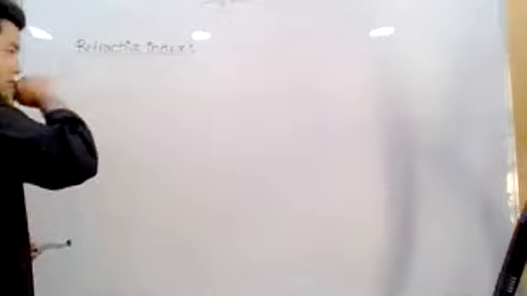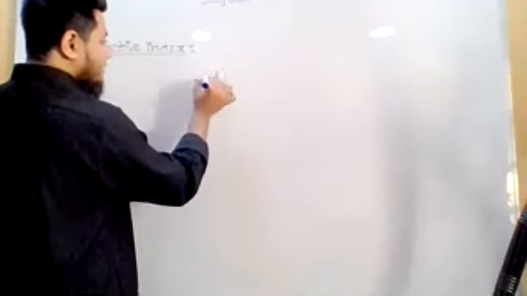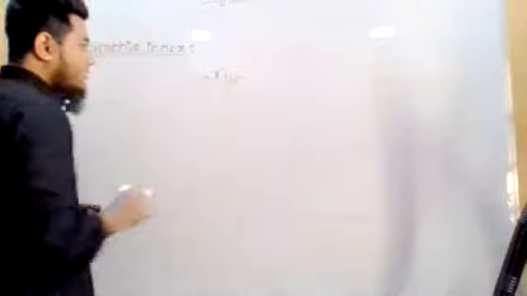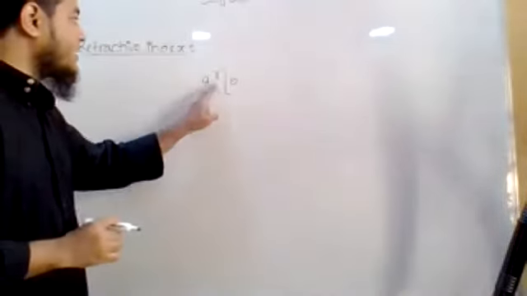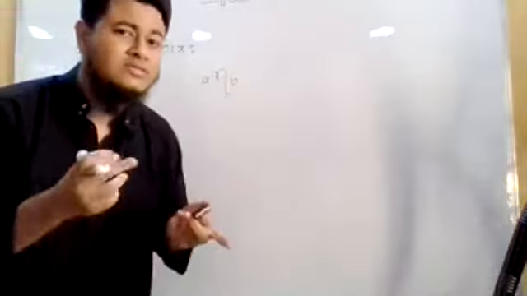Okay. So refractive index. Now refractive index is written in this way. See, I will write it clearly. This is A eta B. Okay, A eta B. Now what does this mean?